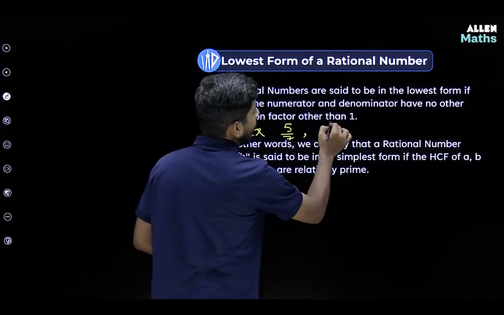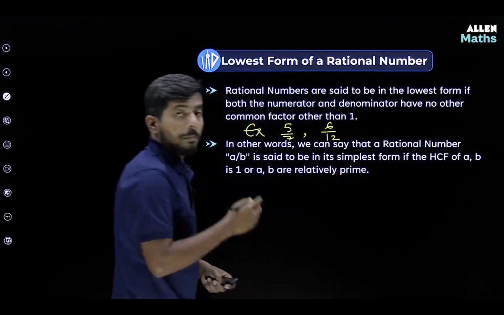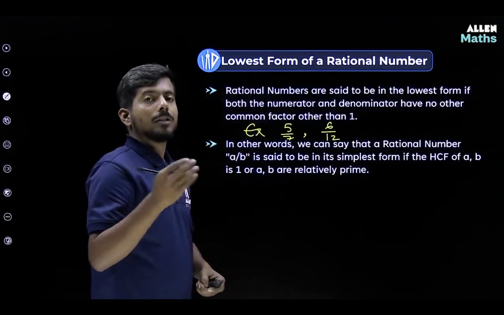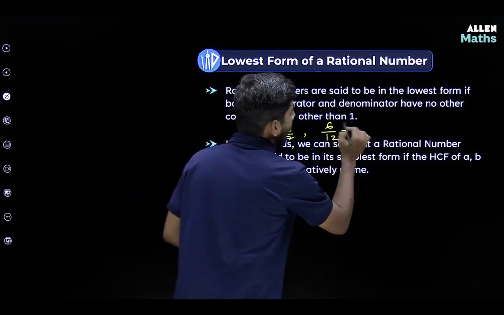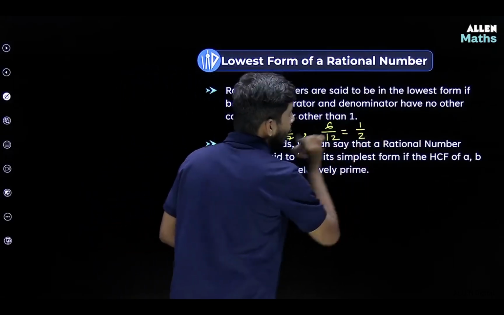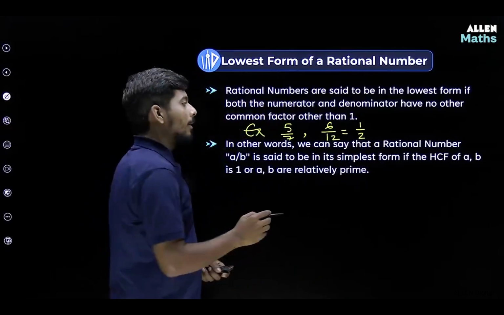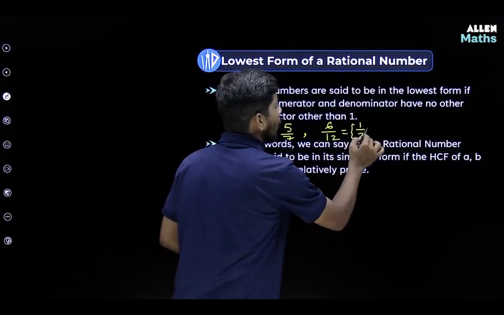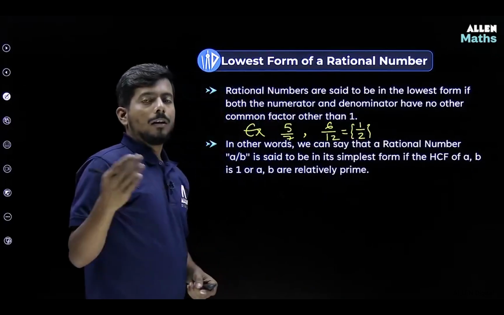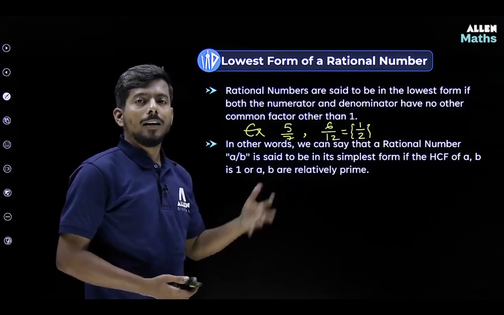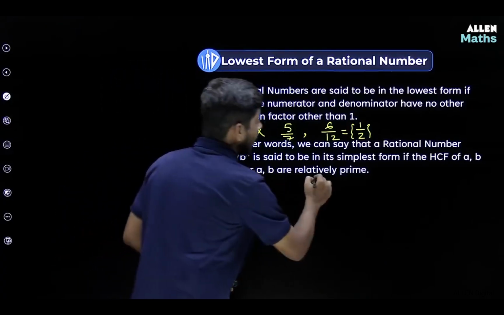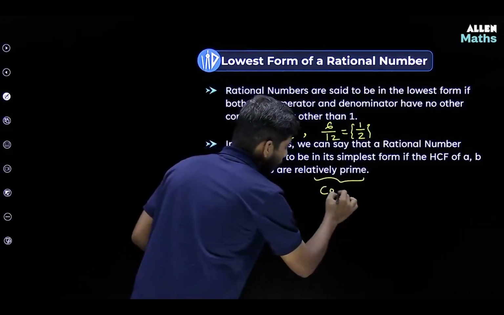Now if I write 6 over 12, 6 and 12 have something in common. What is that? That is 6. So we need to simplify this and we'll get 1 over 2. It means this 1 over 2 is the lowest form. Or in other words, we can say that a and b must be relatively prime. Relatively prime means co-prime.